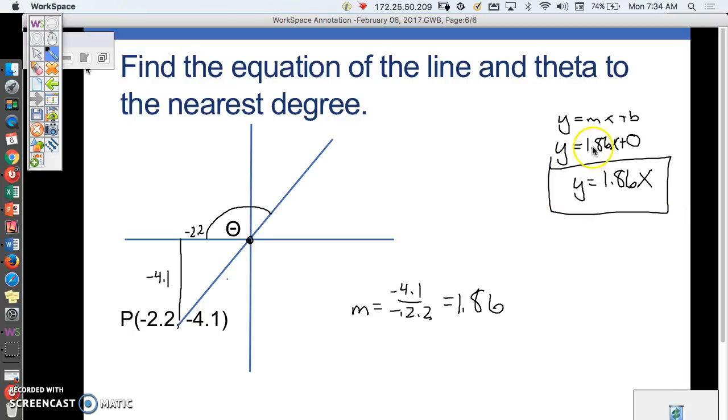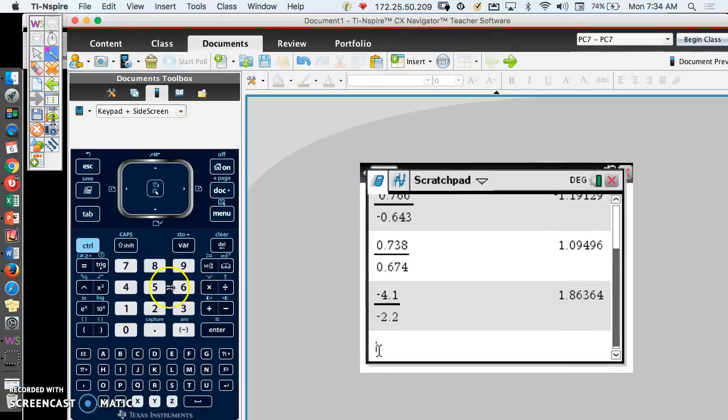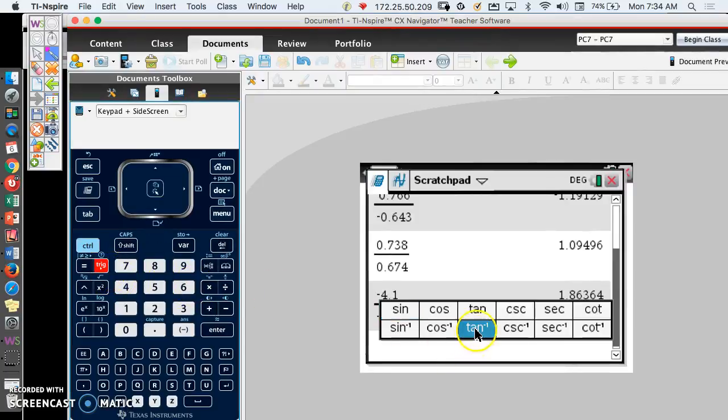Then to find that angle, we can find this angle. Let me mark it here. If we were to find that part, that's opposite over adjacent. So that's tangent, but we're finding an angle. So we could say the inverse tangent, and maybe I'll put an x in there, of angle x equals negative 4.1 over negative 2.2. So trig tan inverse.